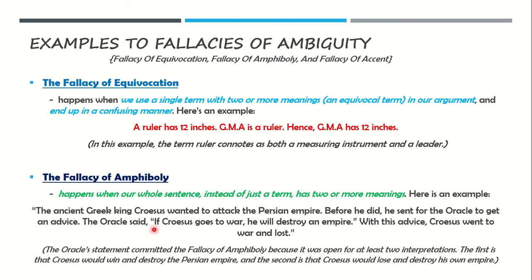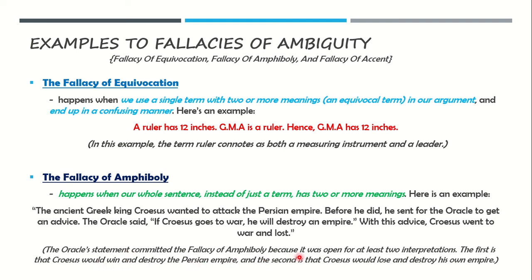The oracle said that if Croesus goes to war, he will destroy an empire. The first interpretation is that Croesus would win and destroy the Persian Empire.